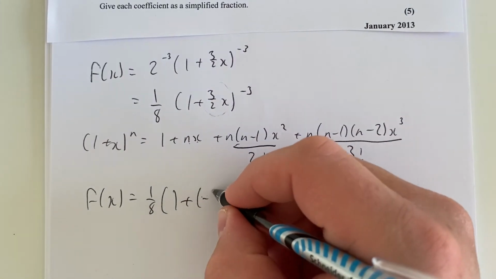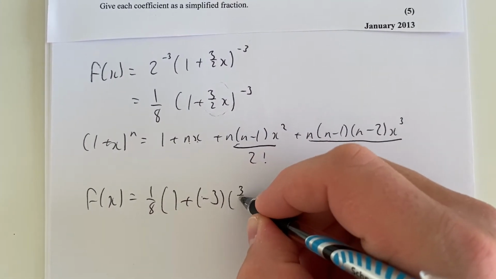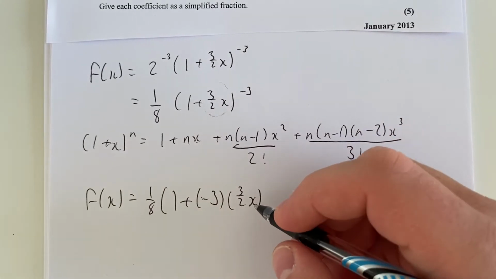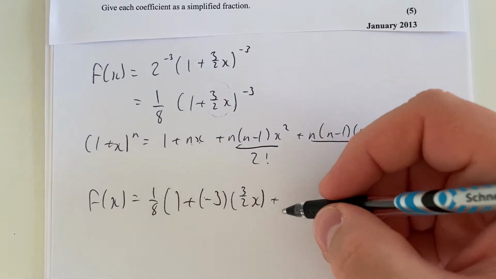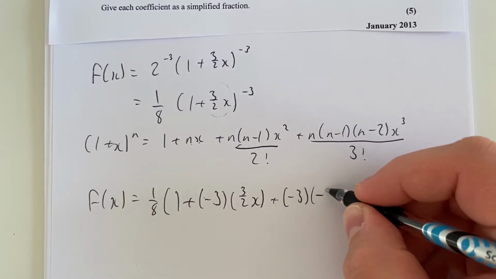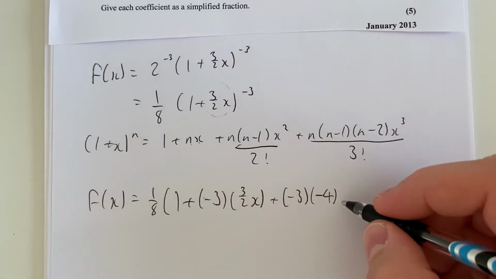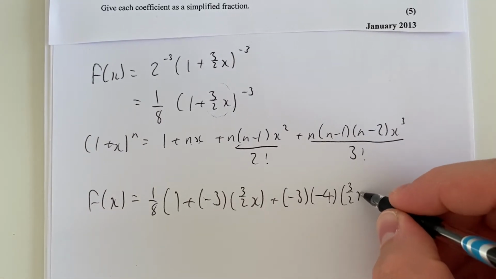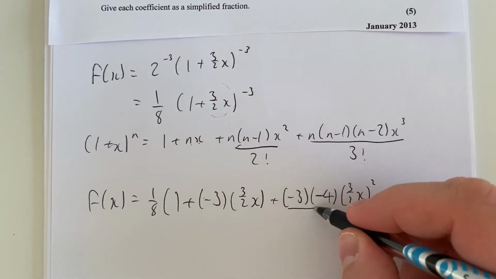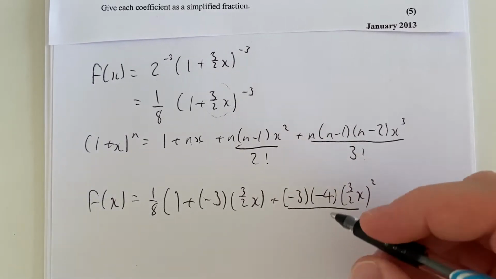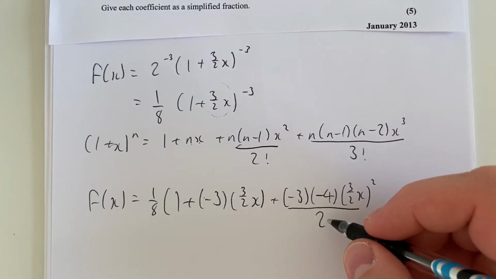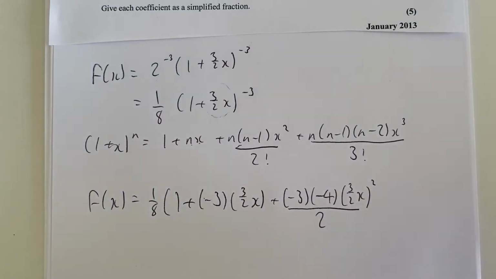So we have minus 3 lots of 3 over 2x. Next one is minus 3 for n, n minus 1 will be minus 4. You need to square all of the 3 over 2x, not just the x. And it's over 2 factorial, factorial meaning 2 times 1, so 2.